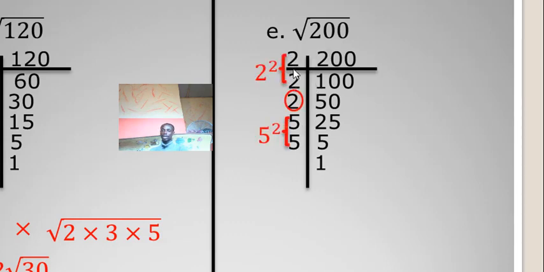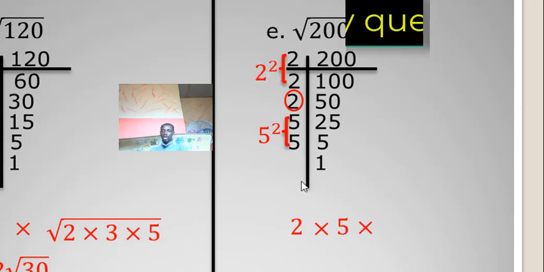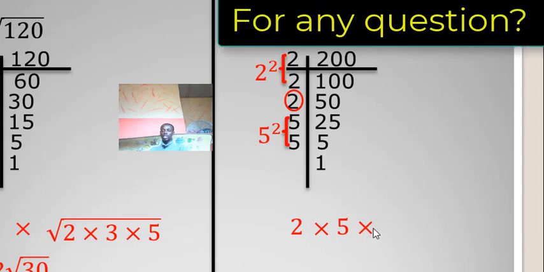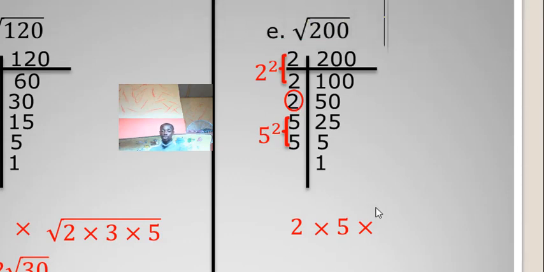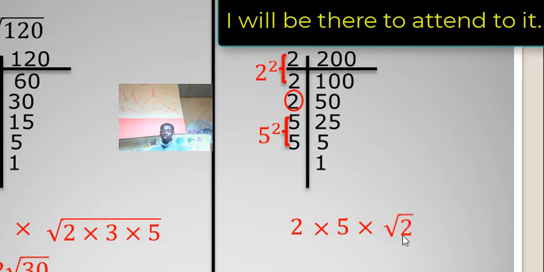So I can only pair the first 2 twos and the last 2 fives. I can now pick one of these, that is 2, and one of these, then 5. Then multiplied by the only 2 that is not paired, which goes in a root box, that is root 2.